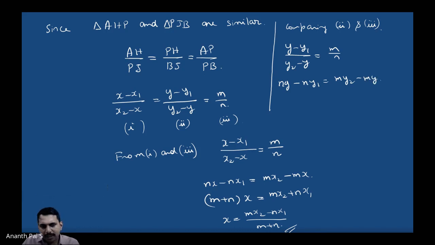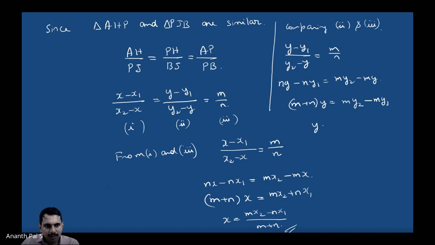Arranging, we can write m plus n into y is equal to my2 plus ny1.